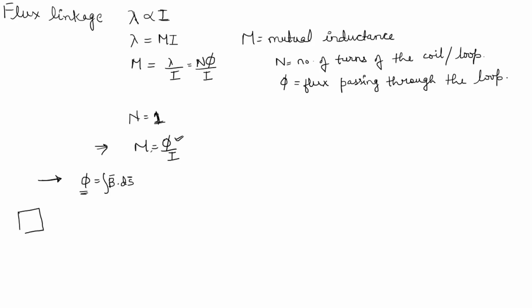Let's say we have this coil and we take just a strip of it, and call it a small elemental area dA. The small flux passing through this area will be d phi, so d phi is equal to B dot dA, where dA is the small elemental area and d phi is the small flux.